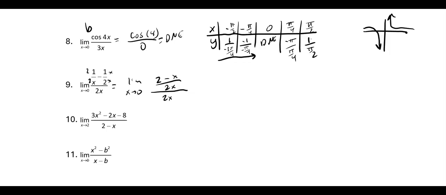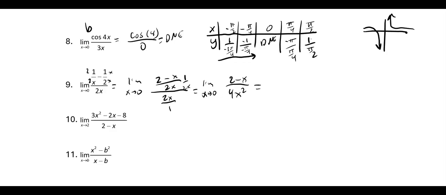Over 2x. And so if you remember what we talked about earlier, keep change flip, you end up with really the limit as x goes to 0 of 2 minus x over 4x squared. All right. When you keep change flip, you end up with 1 over 2x right there.